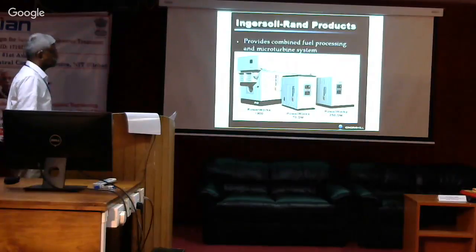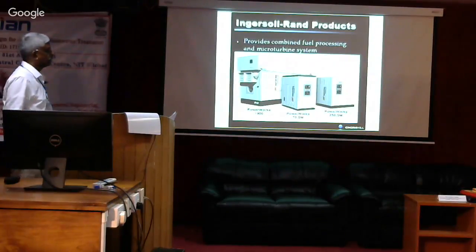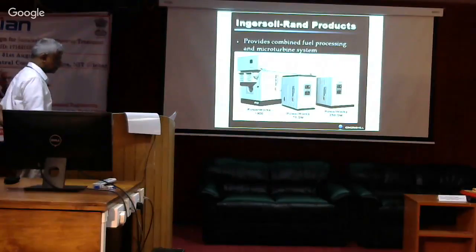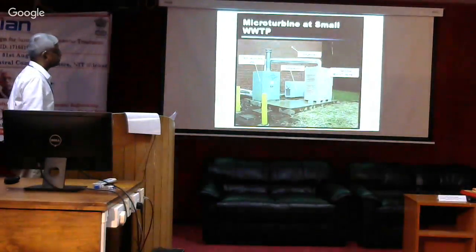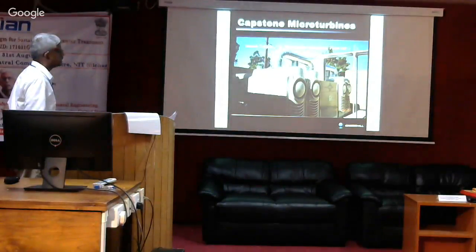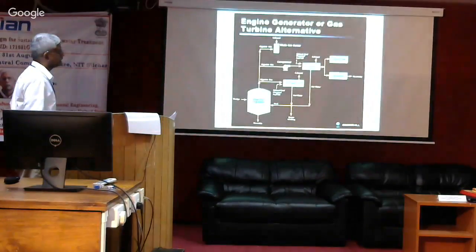So if you have a big farm, you are generating a lot of methane, you can go for a higher generator. If you have a small farm generating very little methane, you can scale it down very easily. These are micro turbines, very useful, again because you can scale them up very easily.